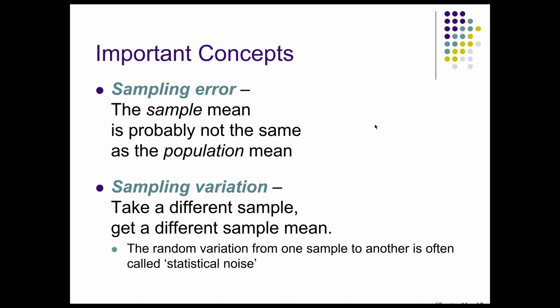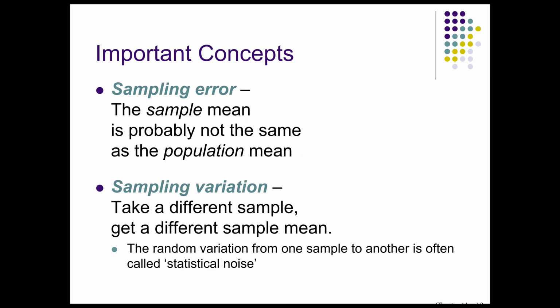And so now we'll talk about two important concepts, sampling error and sampling variation. We'll talk about this in the example of using the mean. The sample mean that you're calculating is not going to be exactly the same as the real population mean, right? The population is going to be much bigger than the sample.